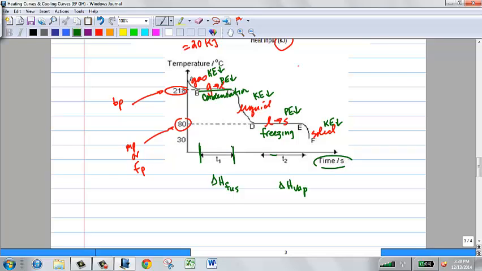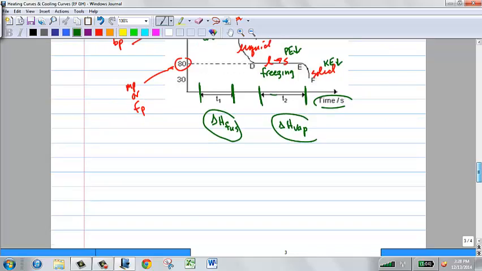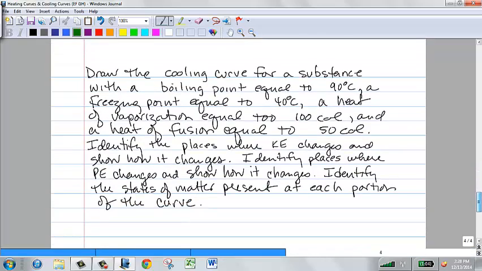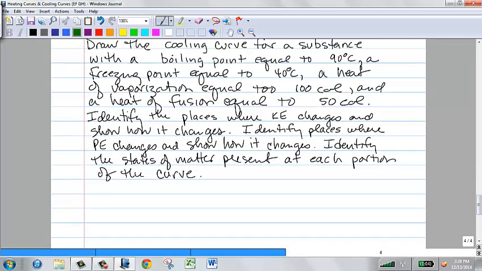But if I knew how much time it took for the substance to condense, and I knew the rate at which energy was being removed, I could get the heat of fusion from that. And if I knew how much time it took to freeze, and I knew how much energy was being removed during that time, I could find the heat of vaporization. And you can go in the opposite direction as well.